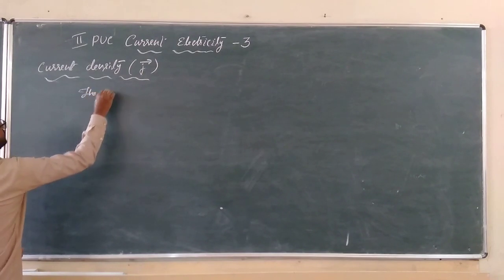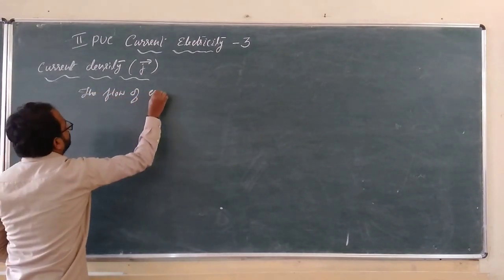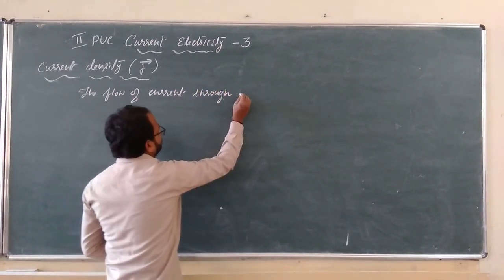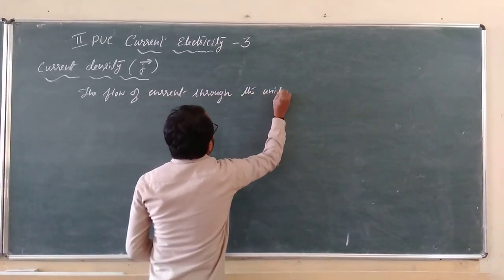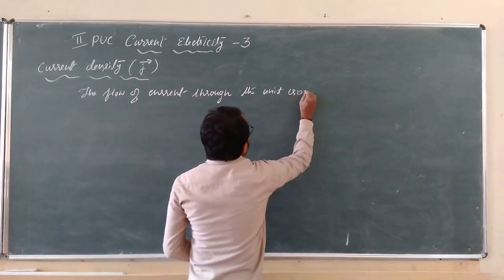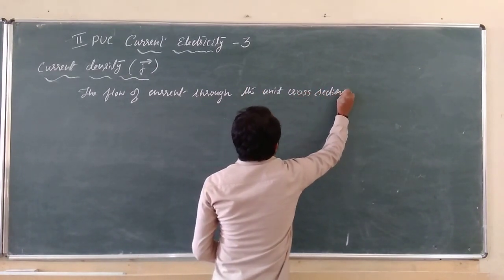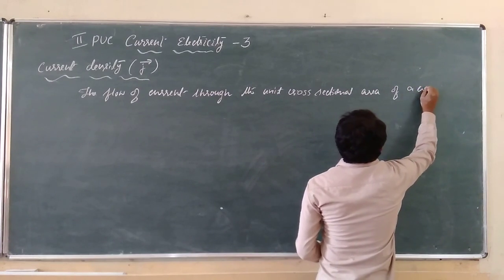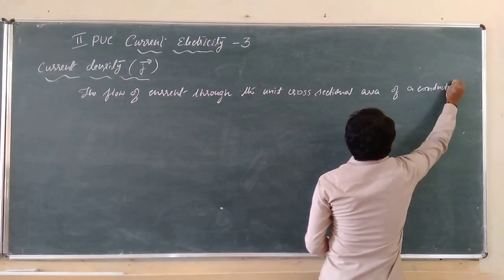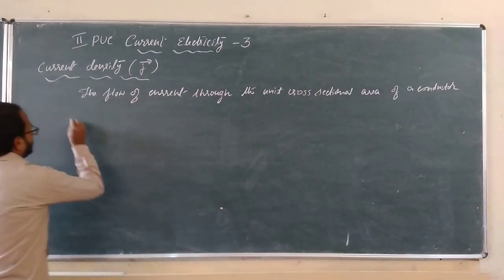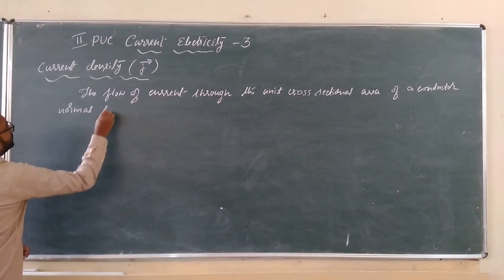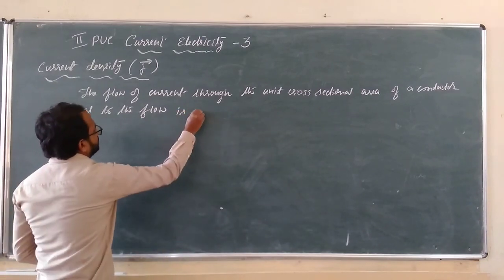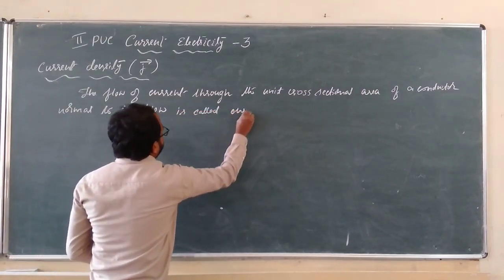The flow of current through unit cross sectional area of a conductor, so that unit cross sectional area should be normal to the flow, is called current density.